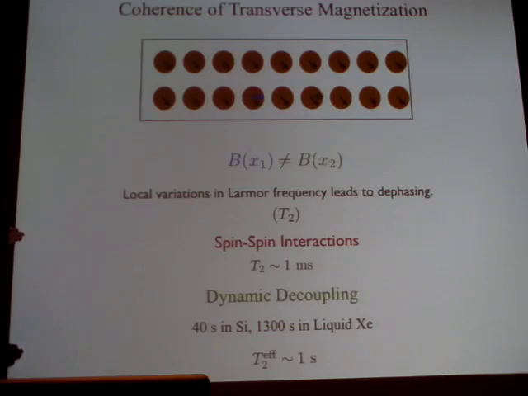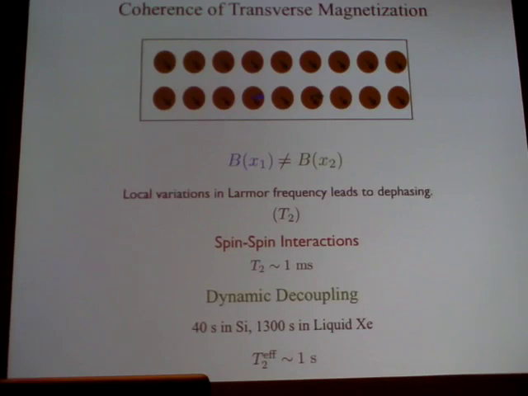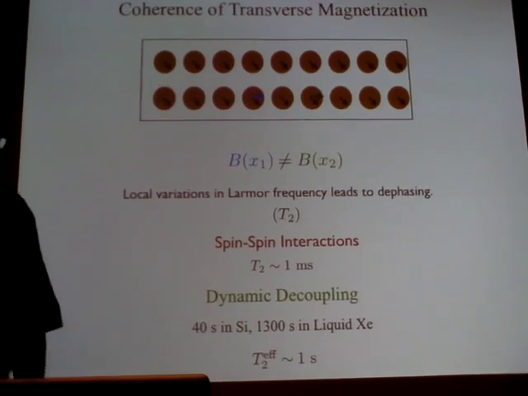Let's say you swap everyone by 180 degrees. That means now you've pushed the slower guys to the front and the faster guys at the back. And the faster guys can then catch up with them. And then they all can move together. So it's sort of like socialism, right? Where you are punishing the winners, you promote the losers, and then the winners catch up with the losers again. So that's exactly the principle. It works very well in NMR.